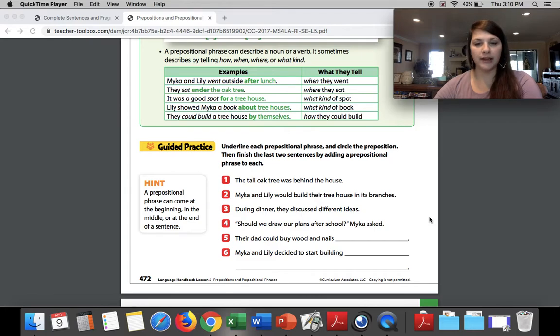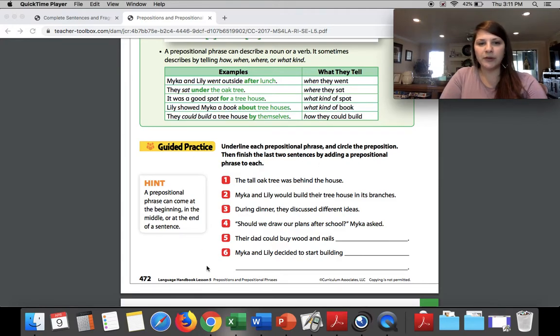So for a treehouse would be my prepositional phrase, and it's telling what kind of spot. Lily showed Mika a book about tree houses, and that is telling me about tree houses, what kind of book. And the last one is they could build a house by themselves. By themselves would be my prepositional phrase, and it's telling how they could build it.